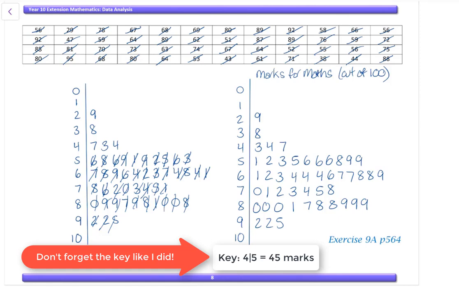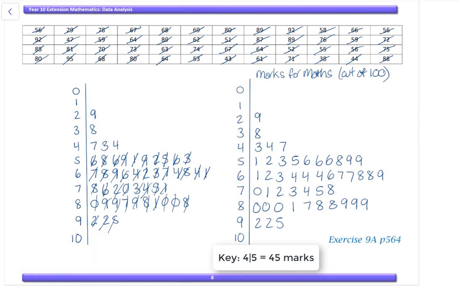The question said to use your stem and leaf plot to calculate the median. So we've got 48 pieces of data. So that's 2 lots of 24, which means I need to look at the 24th and the 25th scores.